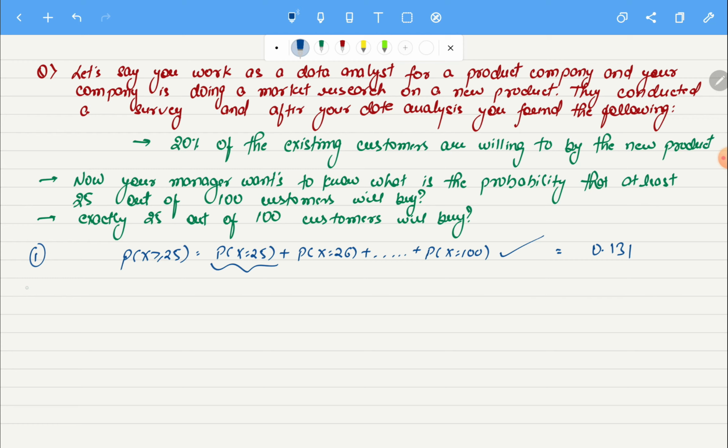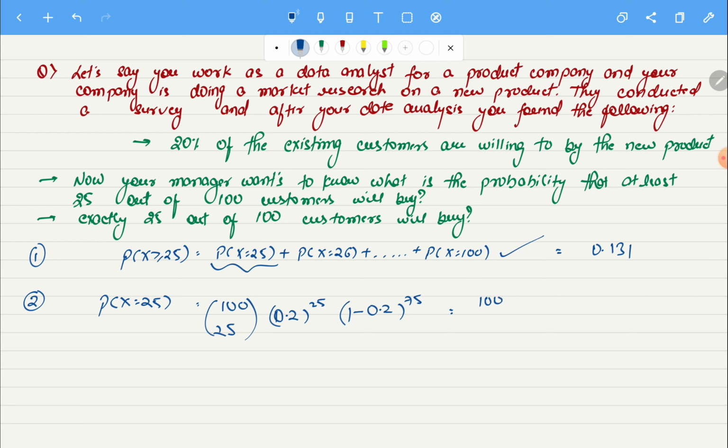And we will actually try to find the value for exactly 25. So for that, it's just x equals 25. Here we will put the values that we have. The probability of success is 0.2 because 20% of the customers are willing to buy. That will have power of 25, and we will do 1 minus 0.2 to the power 75, which is nothing but 100 minus 25.